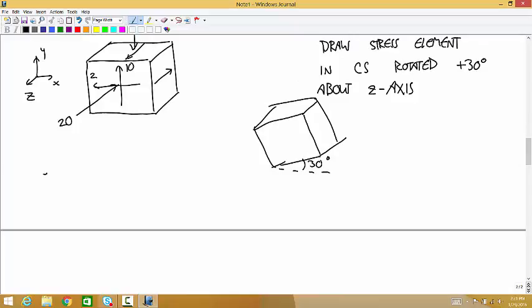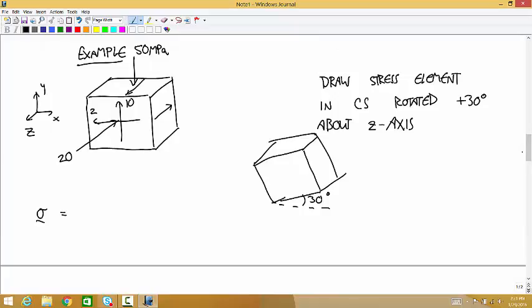Okay, so the first thing we have to do is come up with the stress tensor for this. On the x face, we have no normal. We have a negative 2 for z.